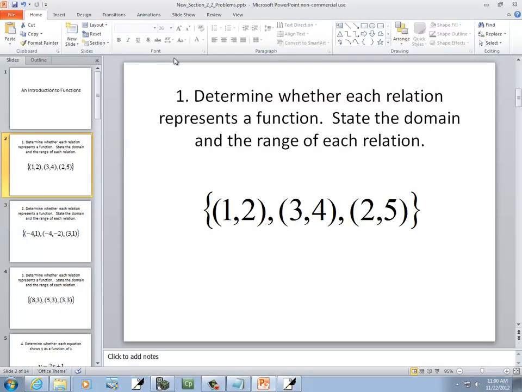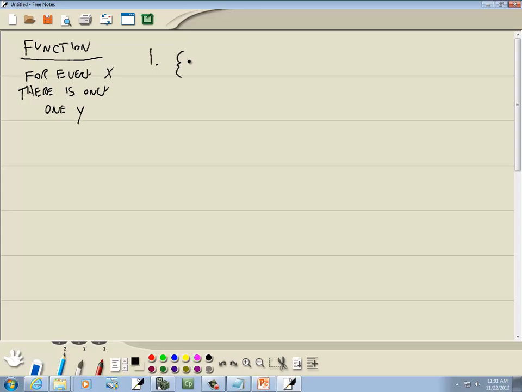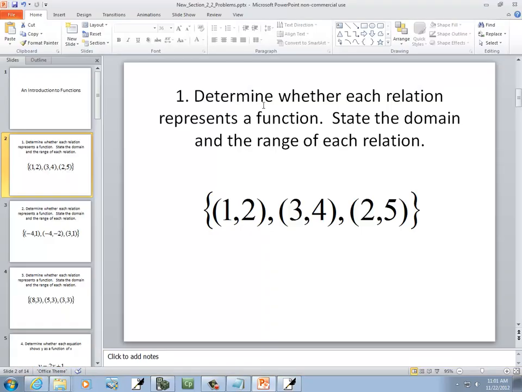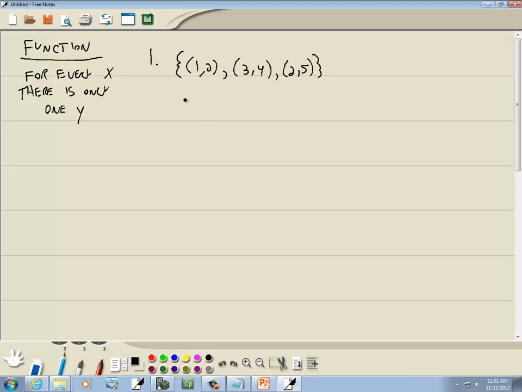Let's take a look at our first problem. Given a set of 3 points, instructions say determine whether each relation represents a function and state the domain and range of each relation.